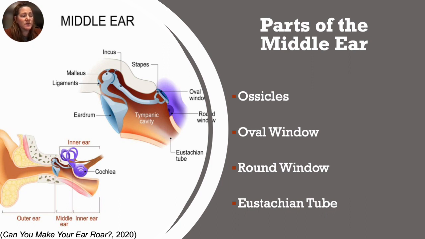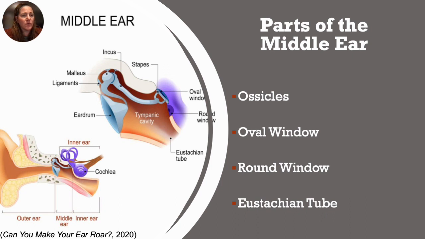The beginning shows the tympanic membrane labeled as the eardrum here, and how it is connected to three small bones via ligaments. So here you can see the ligaments that are connecting that tympanic membrane to these three bones, which are known as the ossicles, or the small bones of the inner ear.